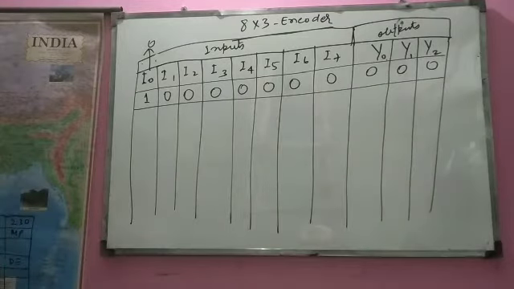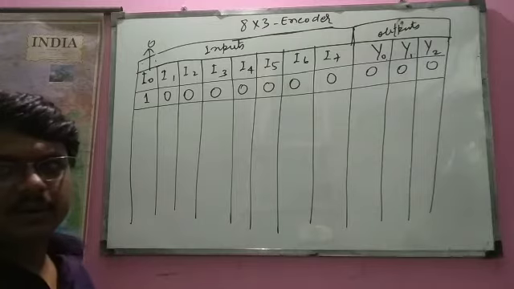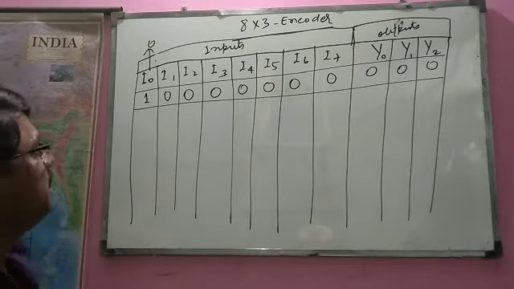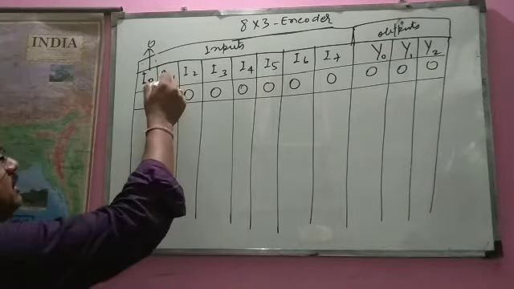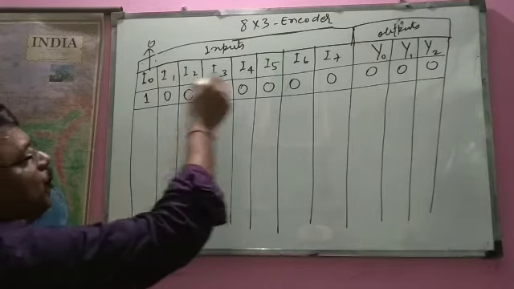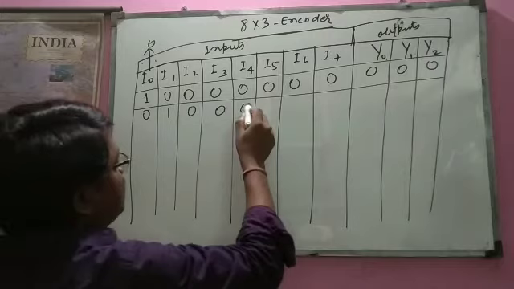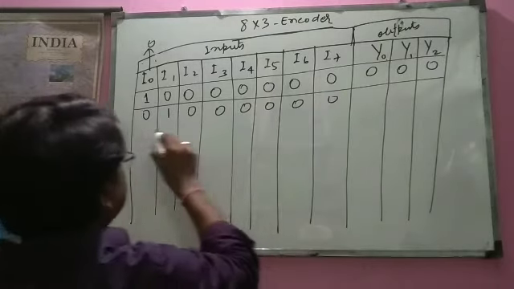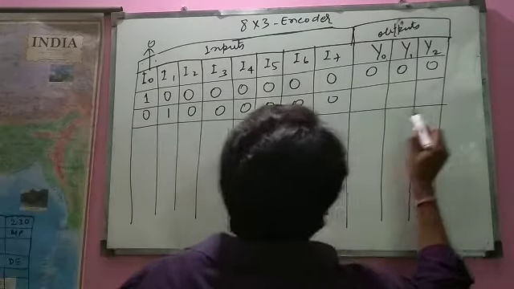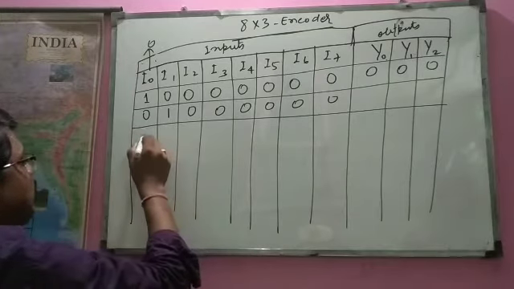Now next we will see when this input is high and all the other inputs are low. This will be the condition, and we will see the output. First I want to write all these things.